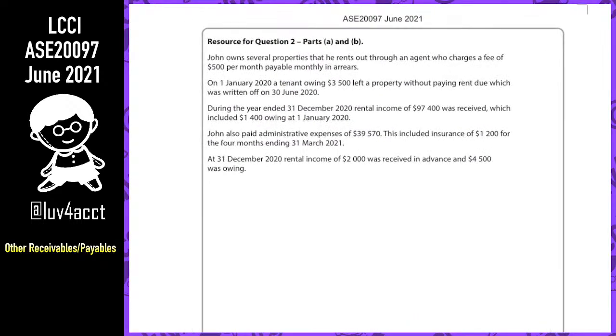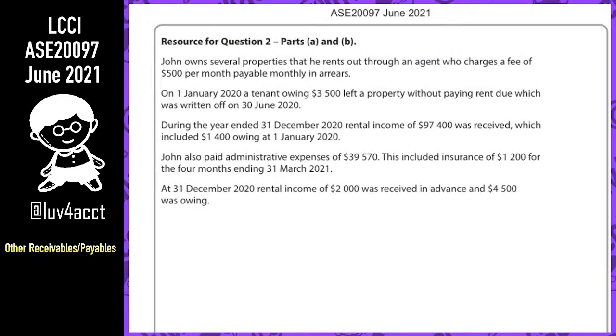So let's see. John owns several properties that he rents out through an agent who charges a fee of $500 per month, payable monthly in arrears. You enjoy the service first and then pay afterwards.